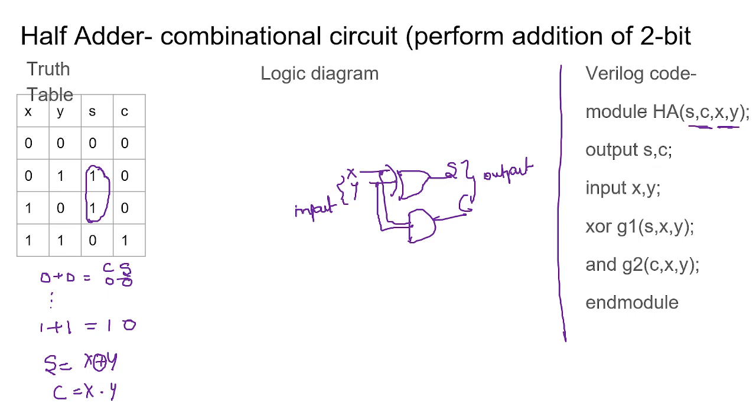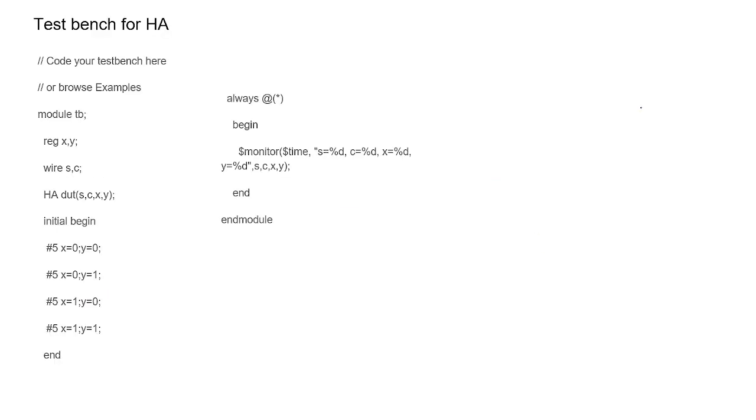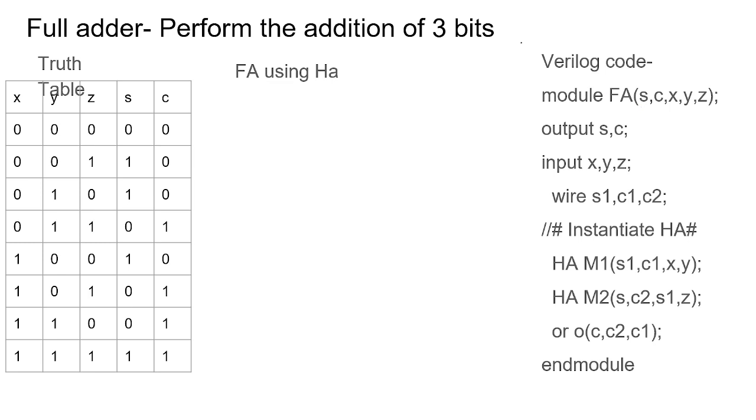Now we will instantiate this module to create the full adder. For the full adder, this will be the truth table. Can anyone say how many half adders are required to implement the full adder? Two. Yes, so I need one half adder and another half adder.